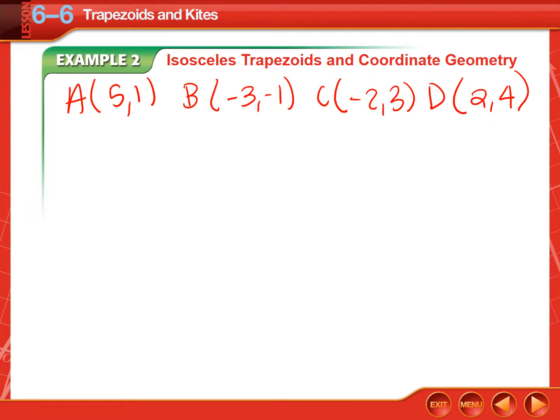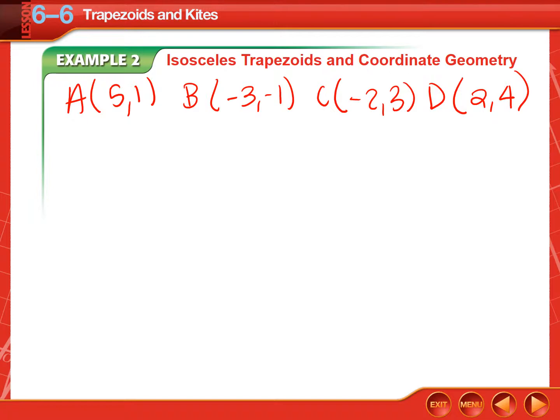But our second goal is to prove that it's an isosceles trapezoid. From the beginning of the chapter, there are technically four ways that you could prove that it's an isosceles trapezoid. One, using the definition that the two legs are congruent. And the second one being that the diagonals are congruent. The other two deal with the base angles, but because we can't figure out angles, those two properties are not really useful to us.